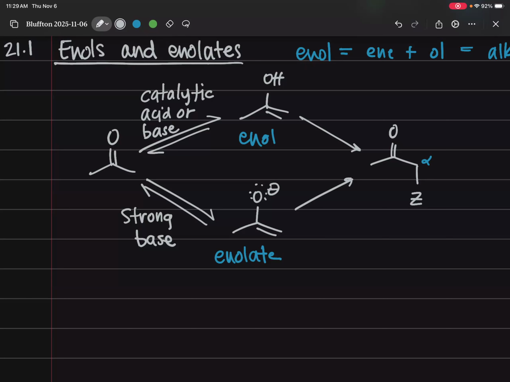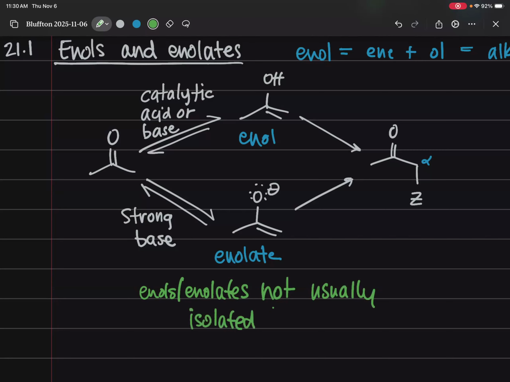So in a reaction like this, we're going through the enol or enolate as an intermediate, but we're not actually isolating it. Enols and enolates are generally pretty unstable.